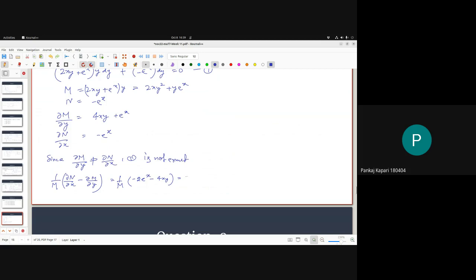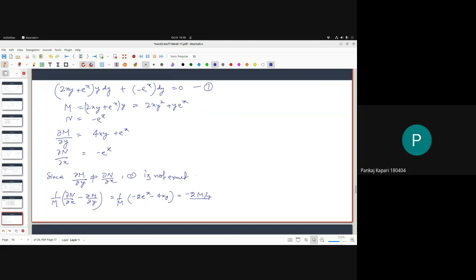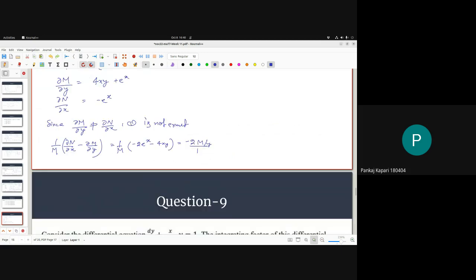You can take minus 2 common, and then this will just become M by y. You can see that this e to power x plus 2xy is just M divided by y, and then we have M in the denominator. So this quantity turns out to be minus 2 divided by y.